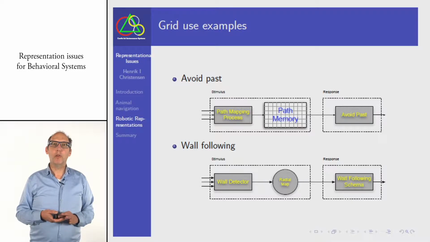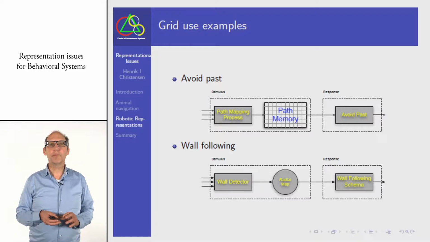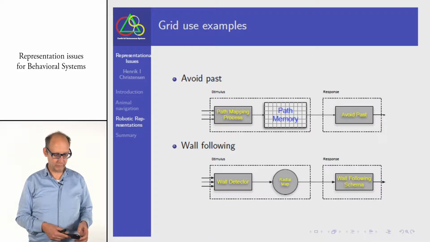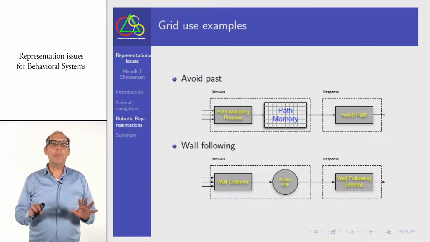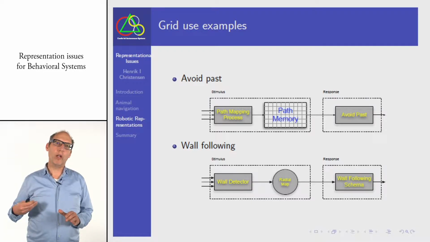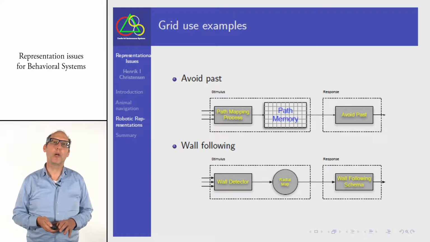Another short-term memory is that you build up a sonar map of your environment, and you continue to build up your sensor measurements to a line, and that line is the wall that you are going to follow.